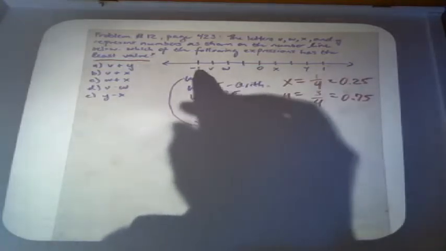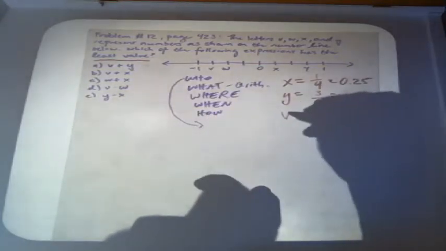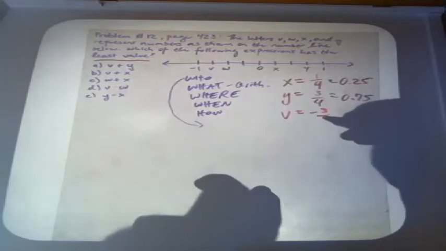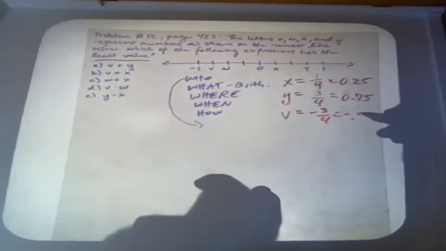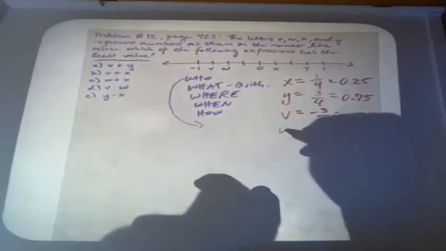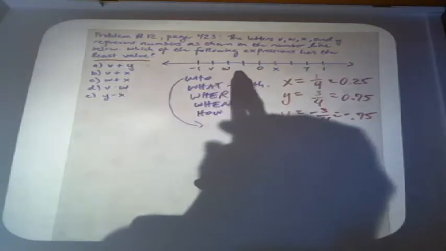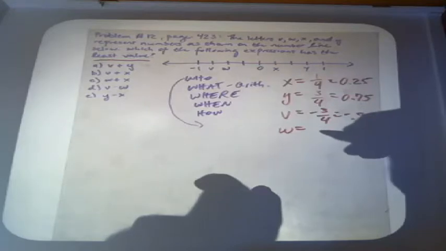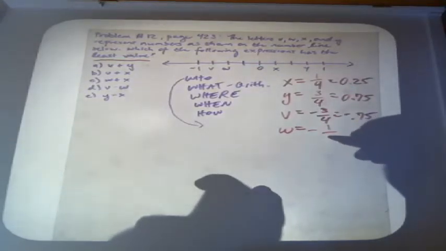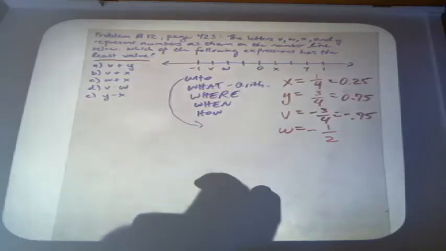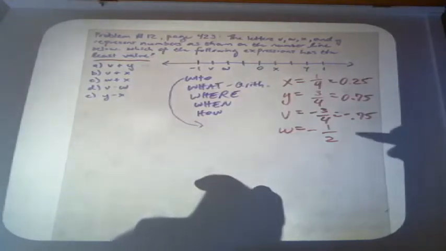So V is greater than -1 by 1/4, which makes V -3/4 or -0.75. Then we have W, which is 1/4 to the right of V, which means it is 1/4 greater than V, so it is -1/2, which is the same as -2/4, which is the same as -0.5.